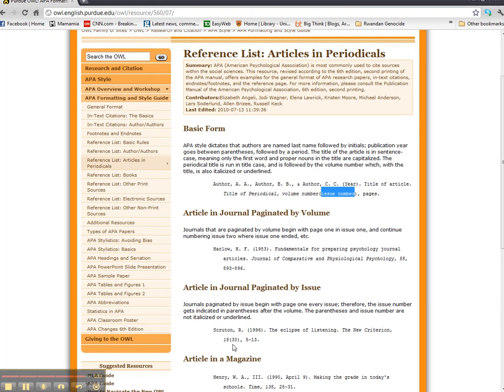Like down here we can see we have volume number and then we have issue number. When you close the brackets, comma, and then without using a P period, you just give the pages, say 224 to 227, and then period, and that's the end of that information.